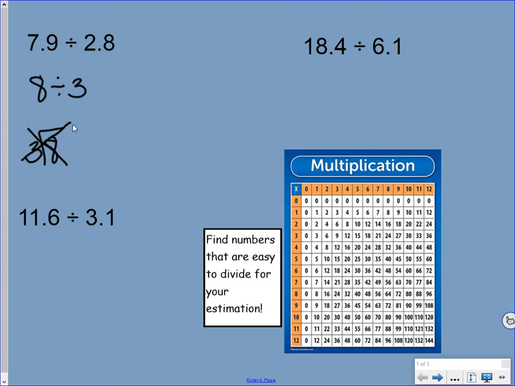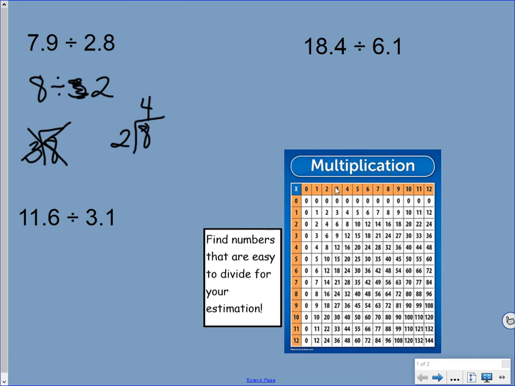If I look at these, I could use a 2 instead and still get a nice estimation for my division problem. So if we had 8 divided by 2, once again, I know my facts, so I know that's 4.